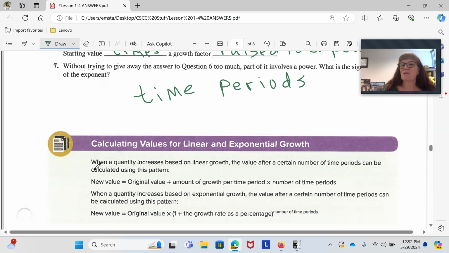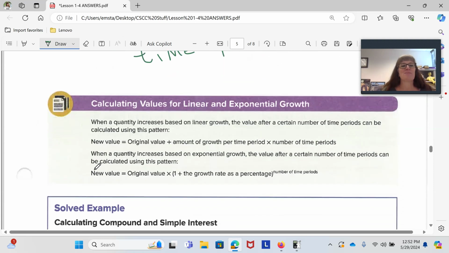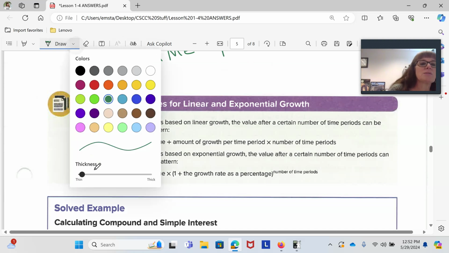Purple box, middle of page 51, means there's something important here. The purple box talks about how to calculate the values for both linear and exponential growth. When a quantity increases based on linear growth, the value after a certain number of time periods can be calculated using this. The new value equals the original plus the amount of growth per time period times the number of time periods. I think we did that in red before.